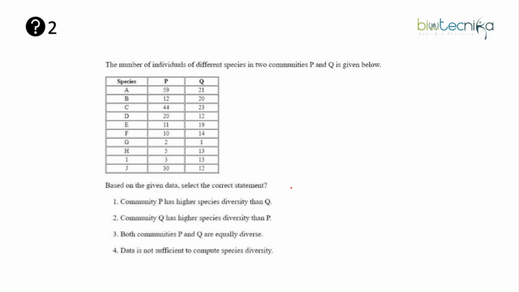So that means you are saying that you will calculate each and every species. Is that so? Don't you think that will take a lot of time?